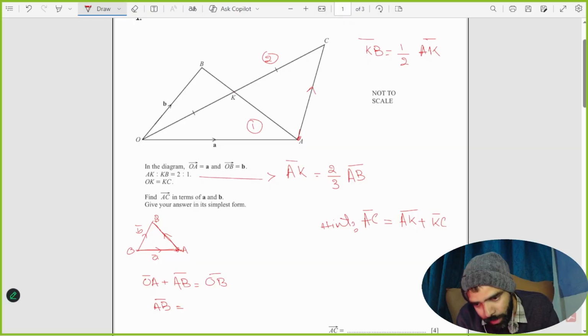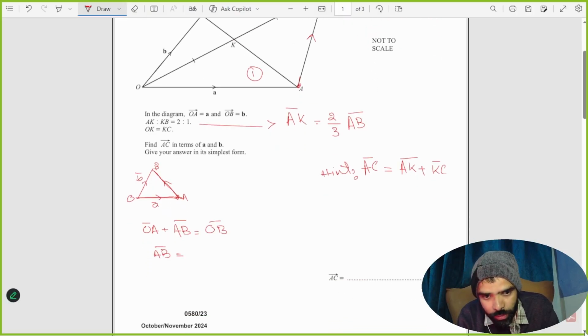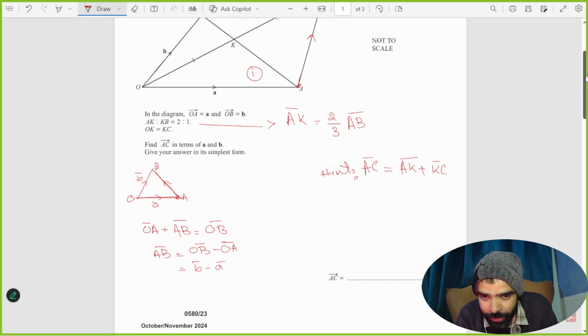AB is equal to OB minus OA, which is small b minus small a. You have found AB in terms of small a and small b, correct?